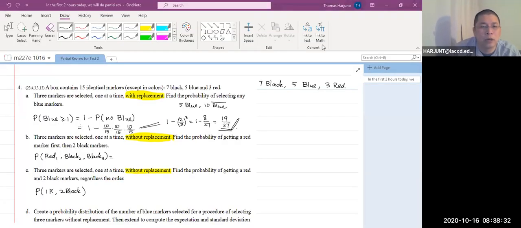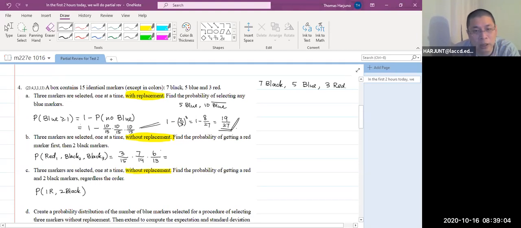Okay, let's start. What is the probability that the first one is red? The first one needs to be red: 3 out of 15, times the probability that the next one is black, which is 7 over 14 because it is without replacement. And then the third one, black again. You have only 6 black left out of 13 markers left. From here, you can write that in fractions or in decimal. Either way is okay.